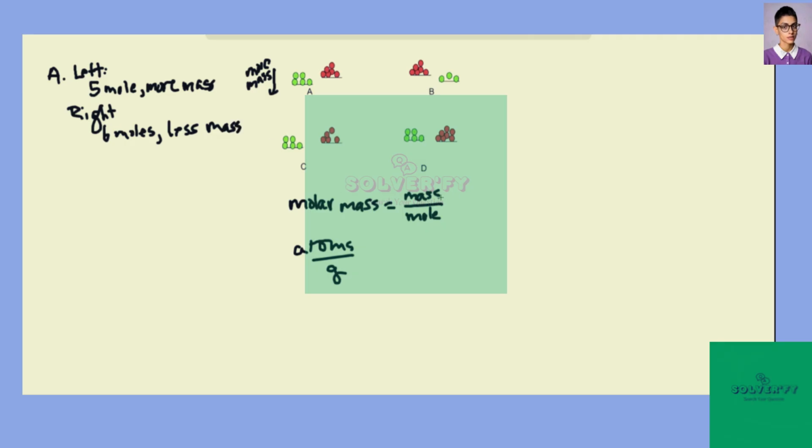So if we look at the ratio of mass to mole, in order to have the larger molar mass, we should look for something that has a larger mass number, so greater mass, and a smaller number of moles, because that's what will give us the largest number here, a big number on top and a small number on bottom. So if we look at these two, the one that has greater mass and fewer moles is the sample on the left. So the left has a greater molar mass.